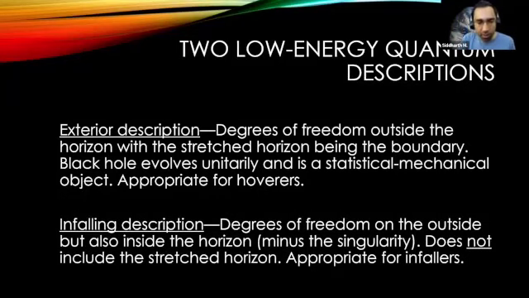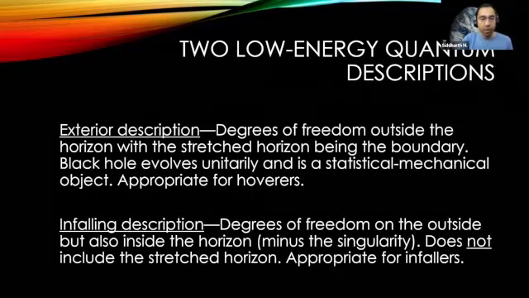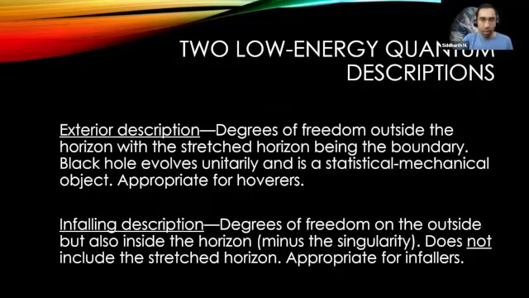We have already introduced them more or less, but let me just say a little bit more about them. The first is the exterior description. Let's imagine this is a description that includes degrees of freedom outside the horizon, and the stretched horizon is the boundary of this description. The black hole evolves unitarily, and it's a statistical mechanical object.